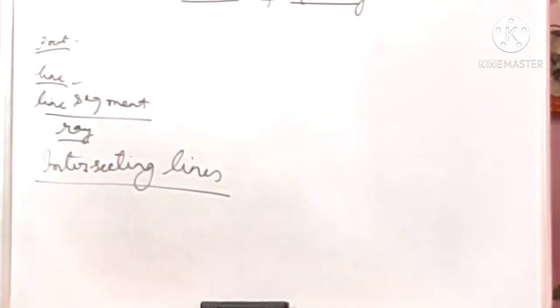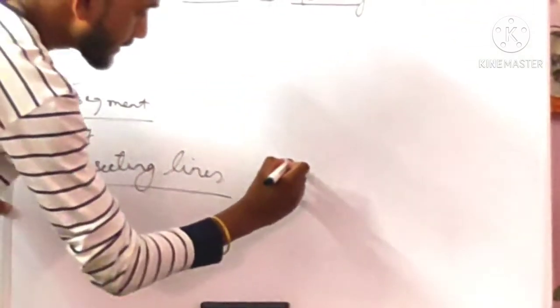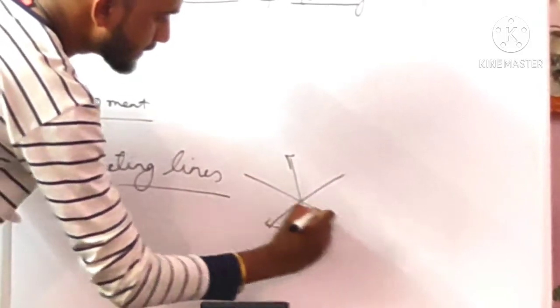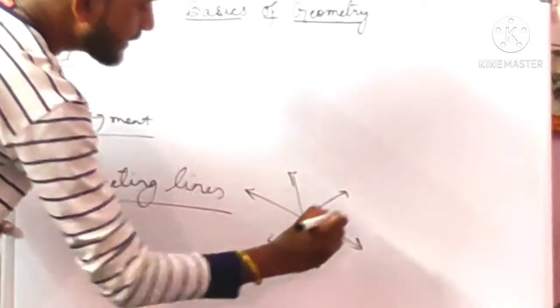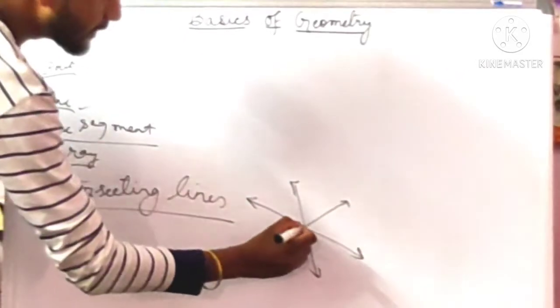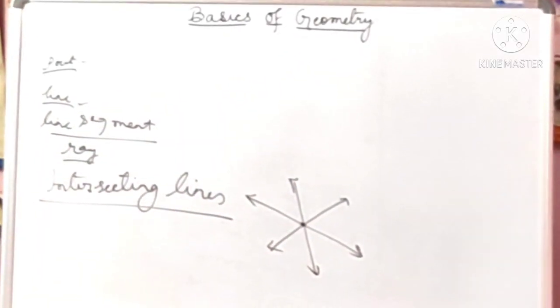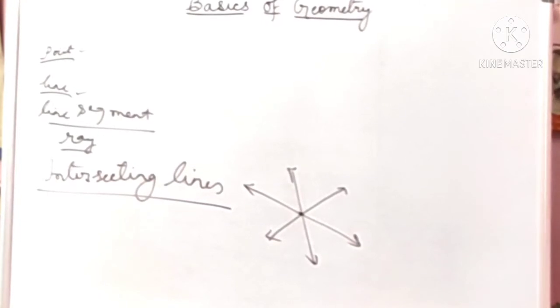Suppose many lines are there. Suppose this is a line, this is another line, this is another line, but I can see one common point where they are cutting each other. At this point the lines meet.